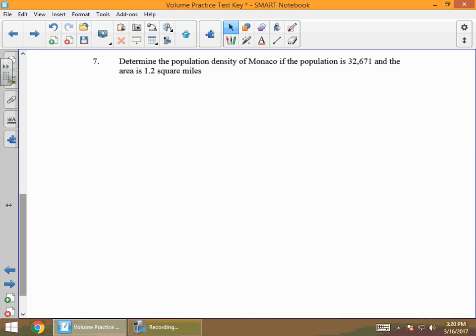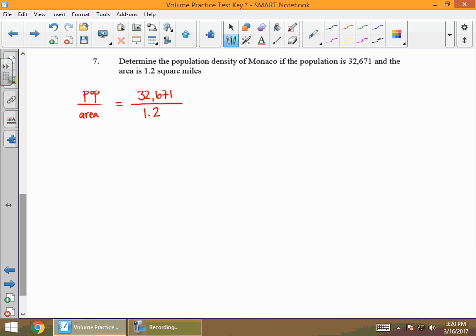is finding population density. And population density is found by taking the population and dividing it by the area. So for this problem, it says determine the population density of Monaco if the population is 32,671 and the area is 1.2 square miles.